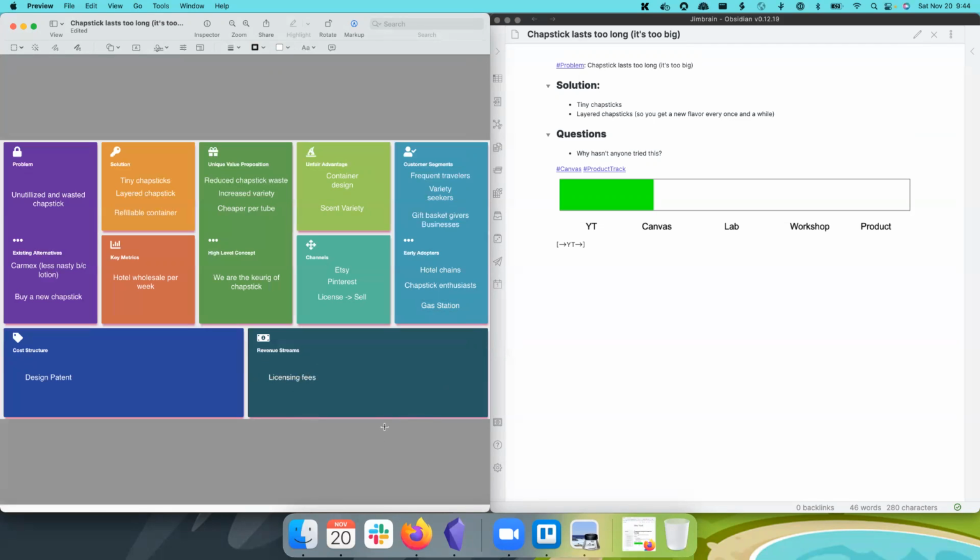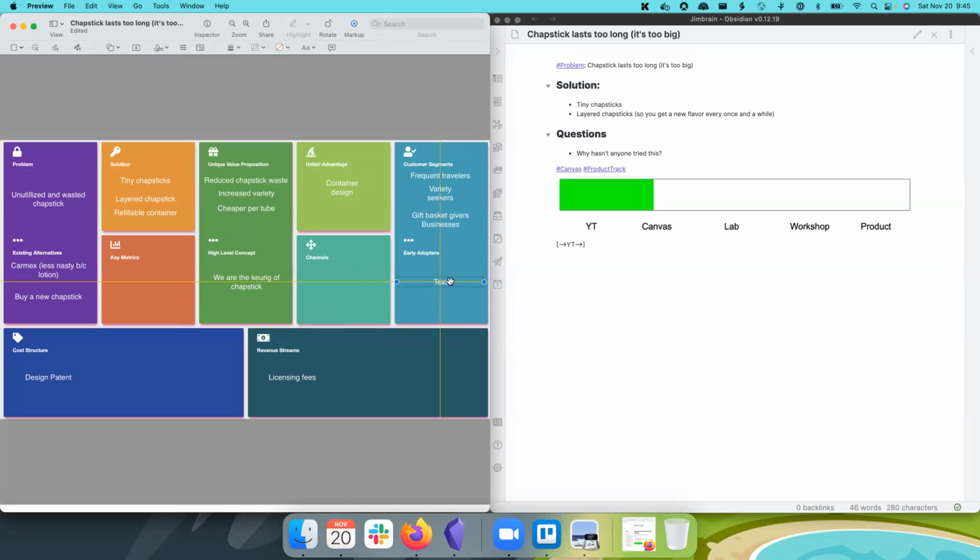I think that's actually pretty sharp. Then this all changes, right? This is not our key metric. Our container design is our sole win. I don't know what channels we'd go through. It's a B2B play.